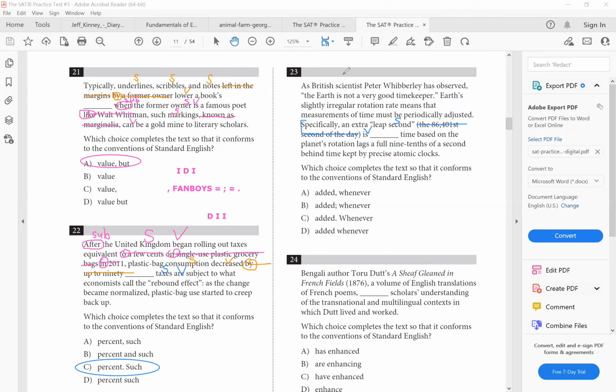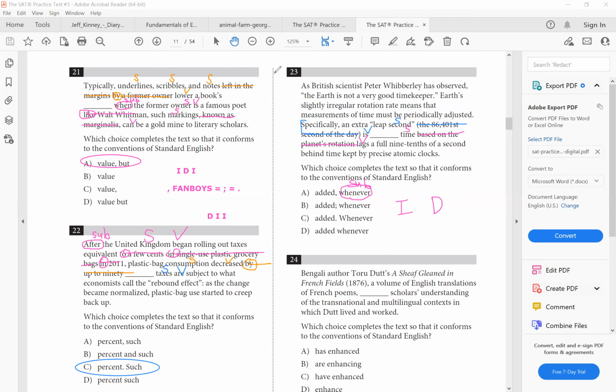Whenever is actually a subordinator, so it makes the clause dependent. So I'm going to write SUB here. So whenever time, cross out based on the planet's rotation, that's a participle phrase, lags. So now we have one sentence that is independent plus dependent because whenever is a subordinator. I cannot use a period function.